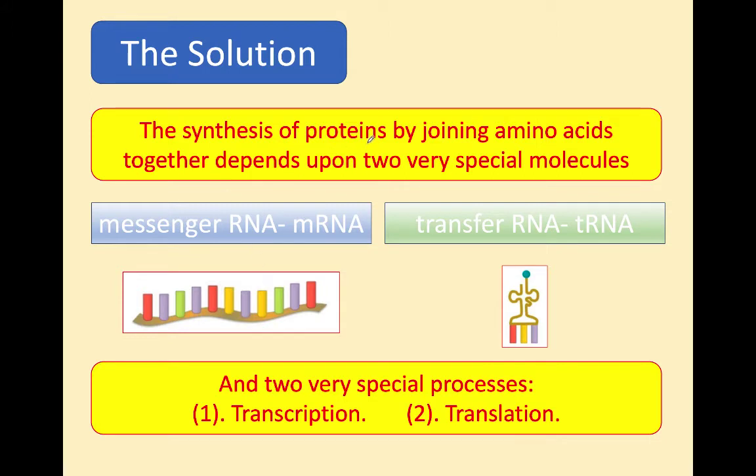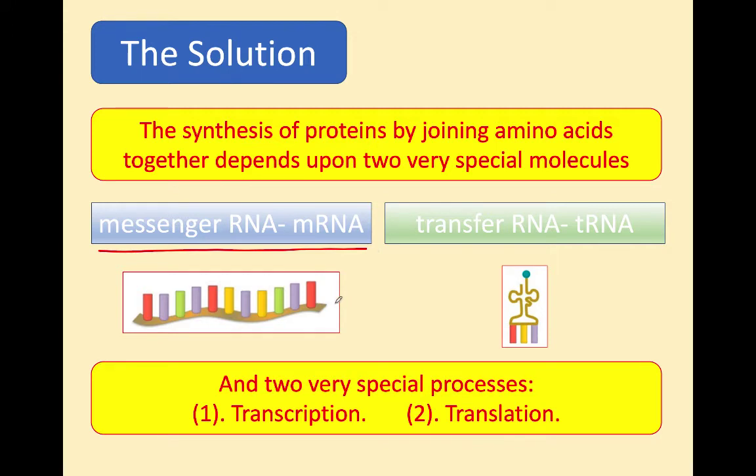Now, the synthesis of proteins by joining amino acids together depends upon two very special molecules. The first one is called messenger RNA, or mRNA for short. We've talked about DNA being deoxyribonucleic acid. mRNA is ribonucleic acid. It's a single strand. It's not a double helix, it's a single strand.